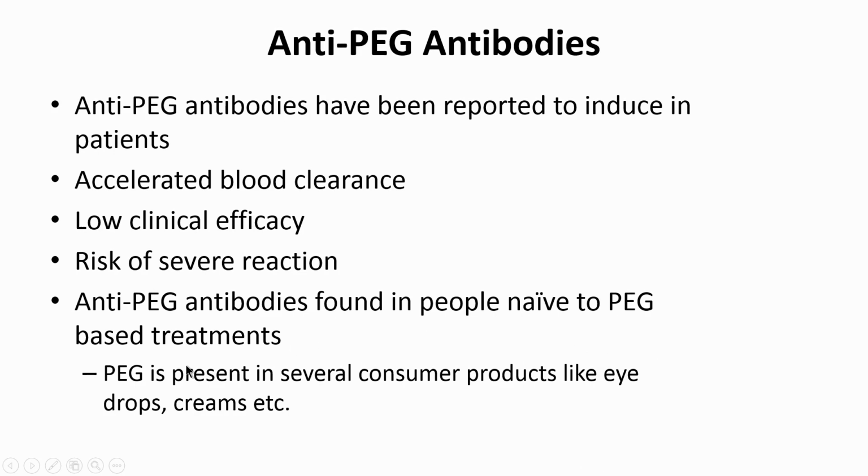It is because PEG is also very widely used in several consumer products like eye drops and creams, and even though we may never have been given any IFN alpha treatment with the conjugated PEG, we are still exposed to the PEG through these drops and creams, and our body has been exposed to the PEG which has generated these antibodies. So, even the first time we give these PEG drug conjugates, we will see that they are getting cleared very rapidly.